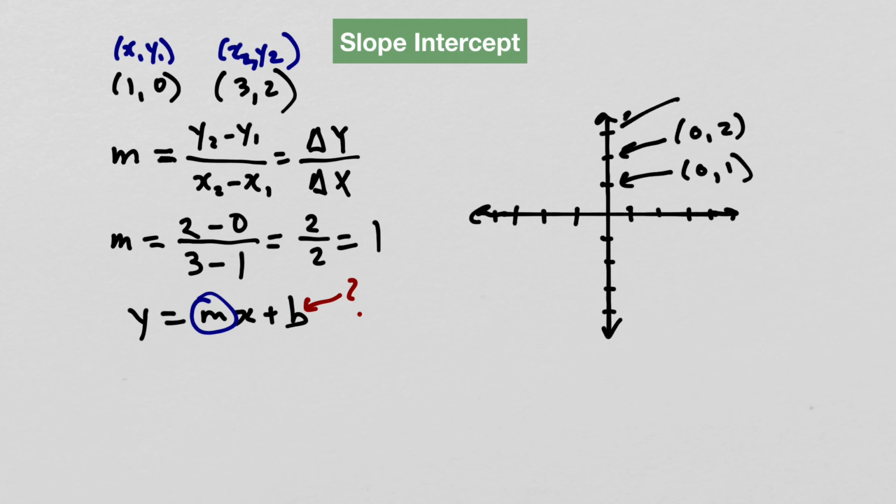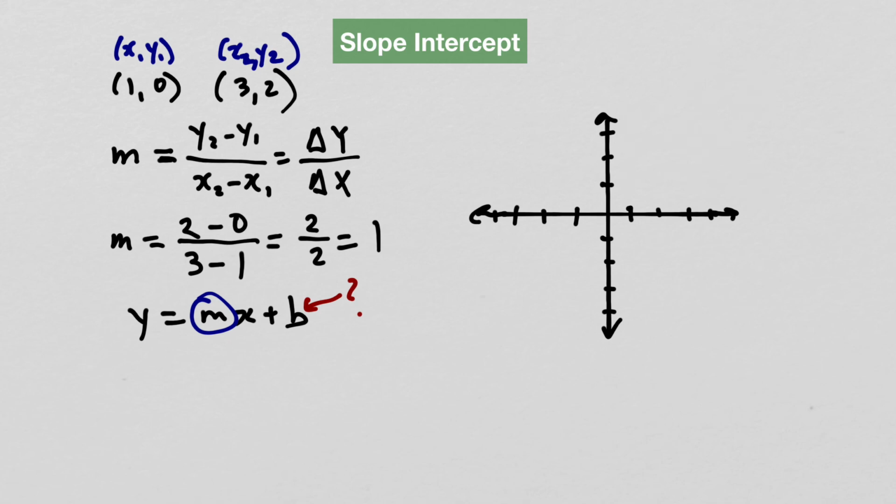And this point is 0, 3. Notice that all of the x values are zeros. So we know that wherever this line crosses the y-axis, the x value is always going to be 0.